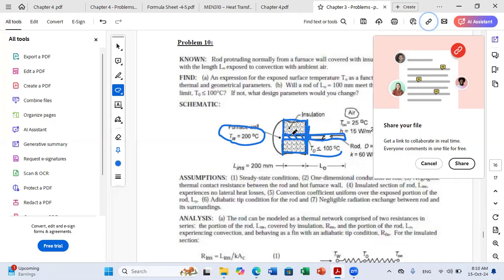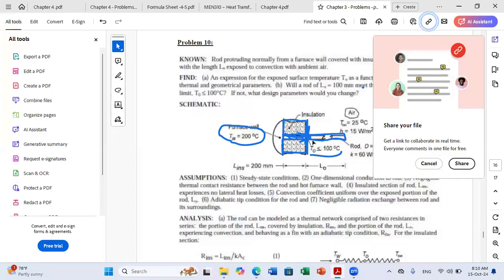So you need to reduce conduction flux in the insulation, but you want to increase as much as possible evacuation from the exposed side of the fin. So these are the two opposite effects that we have.